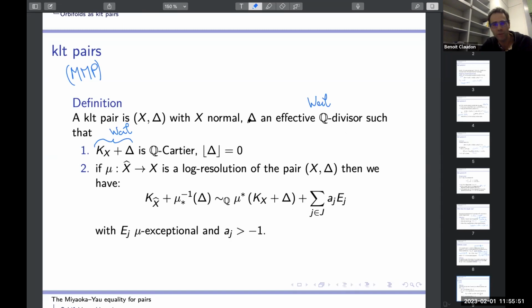We also assume, in the general definition, that the round down of delta is 0, so the coefficients are less than 1. For us this will be automatic if delta has standard coefficients.